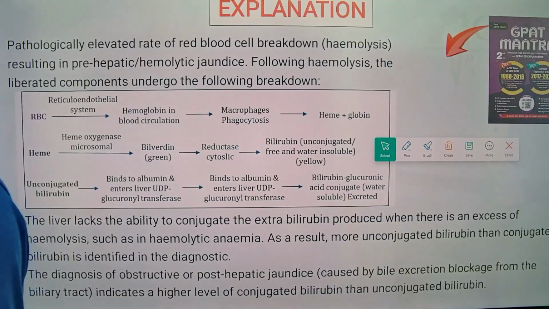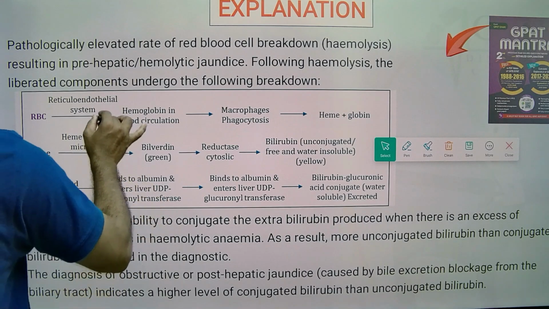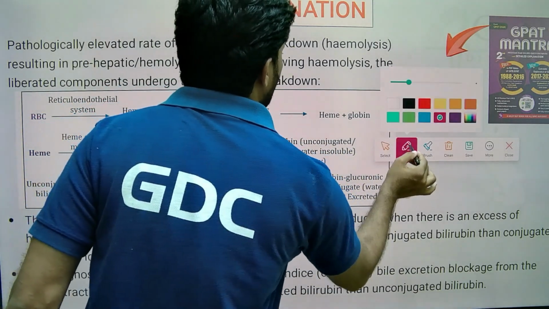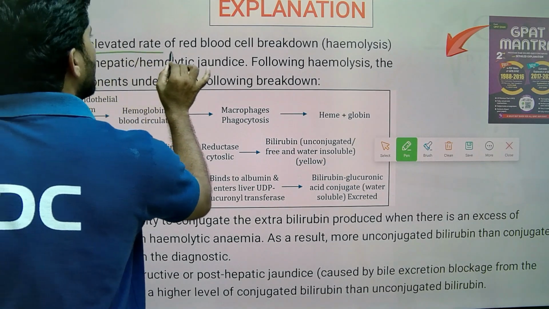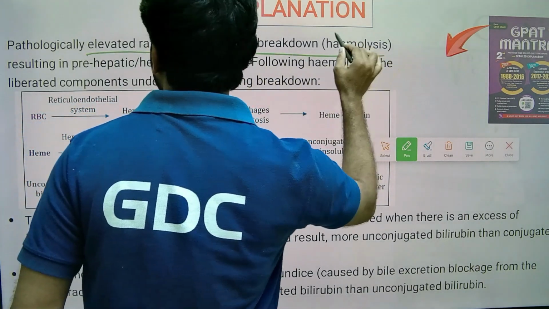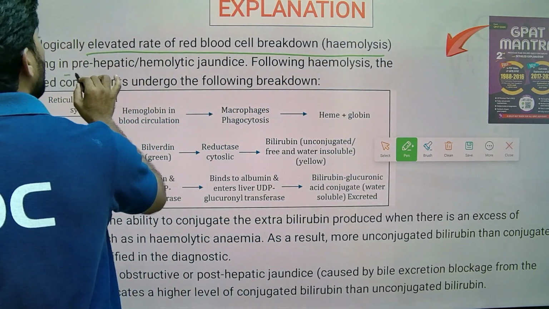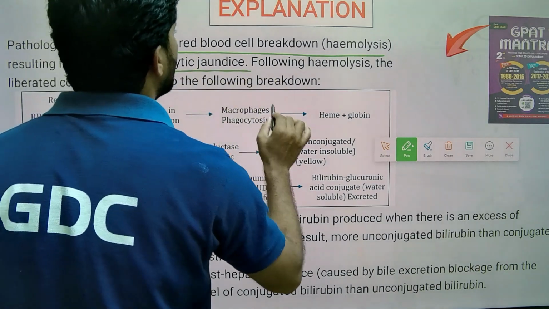Let's see the explanation for more clarity. Pathologically, an elevated rate of RBC breakdown, hemolysis, results in prehepatic or hemolytic jaundice.